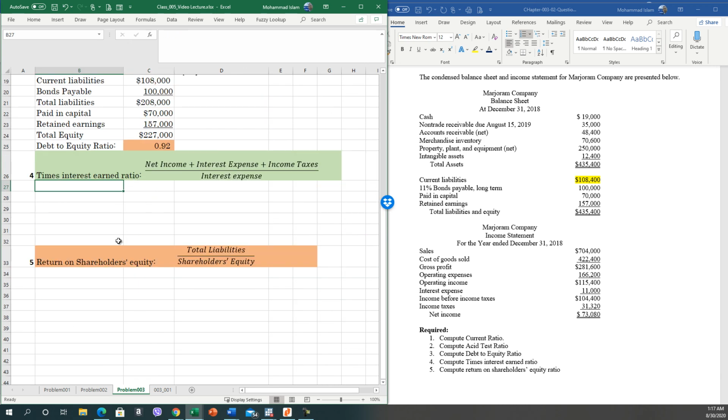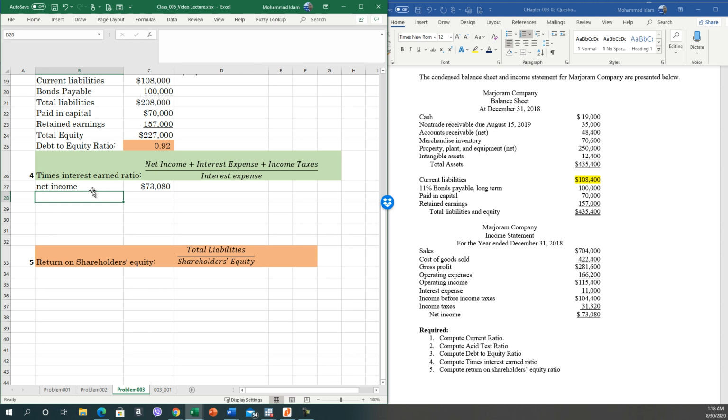Okay, so the number 4 is the times interest earned ratio, and for this one, we need to calculate the total interest, then net income. So let's start with net income. Total net income we have 73,080.